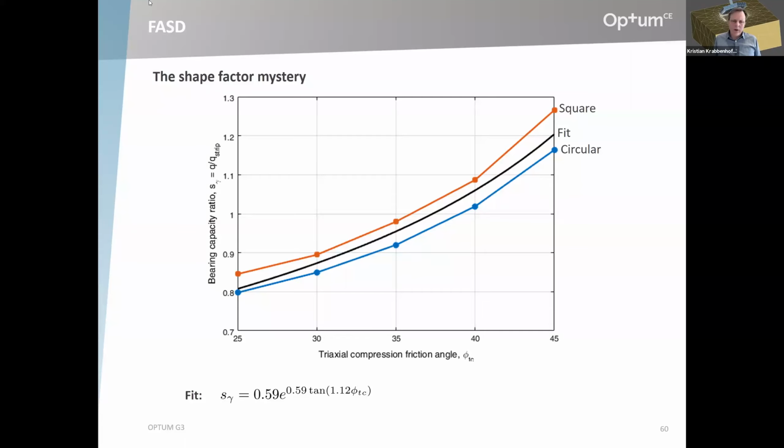Then there's a question about stress dependency, and that's of course very true, as I said to start with, that the friction angle is one of the most non-constant constants that we use. It depends on the stress state, or the load angle, as it's also sometimes called, with this b ratio, and it also very much depends, of course, on the stress level. Now that's included in one of our other models, the GSK model. It's not included yet in the FASD model, but it's a question of getting it in there.